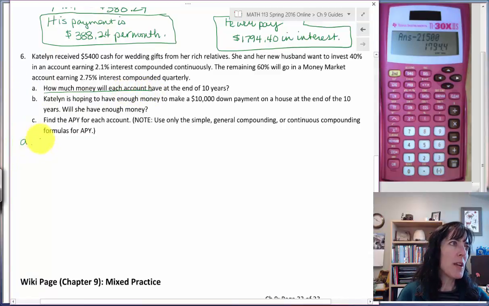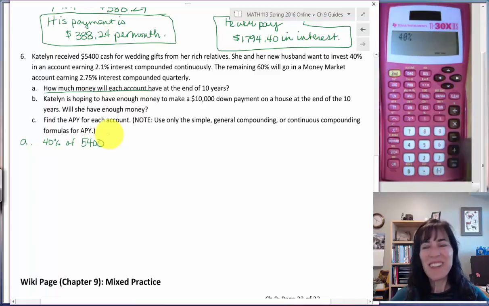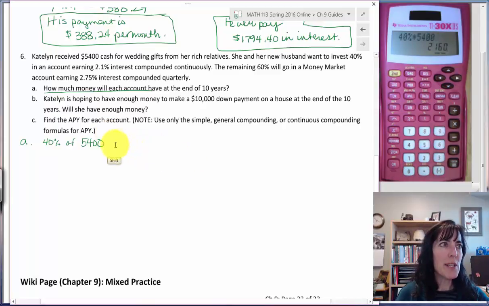So the first account is going to be 40% of the 5,400, and to find that I'll just use my percent button, 40 times the 5,400, and I get 2,160.